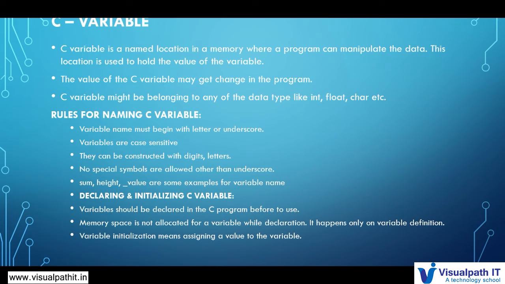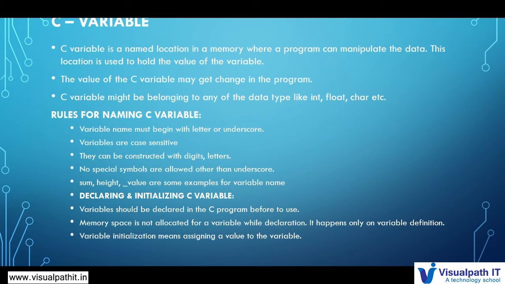Okay, so let's understand declaring and initializing a C variable. A variable should be declared in the C program before we use it. Like if you want to take input of the age of the user, you have to define the age. Need to declare the age, int age.